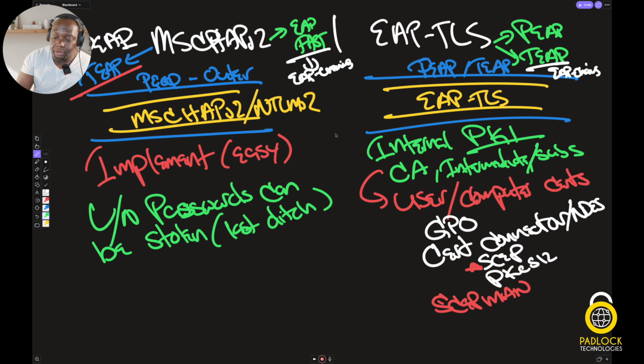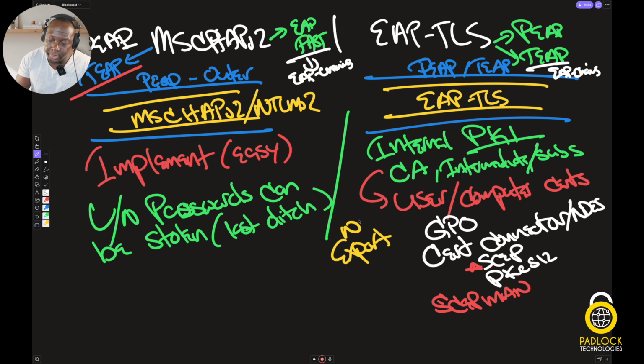From a security perspective for certs, because they're harder to implement and there's a lot of things that need to be put in place, this is more secure because of one thing. And if you don't do this, then it's not secure anymore. If you do not allow the ability to export the cert, so no export of the cert off the machine, it's secure.